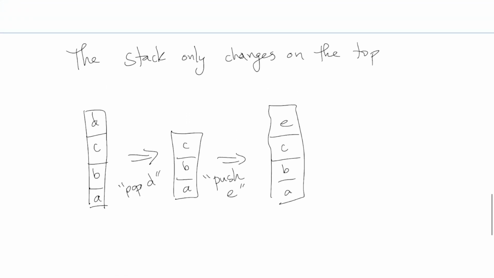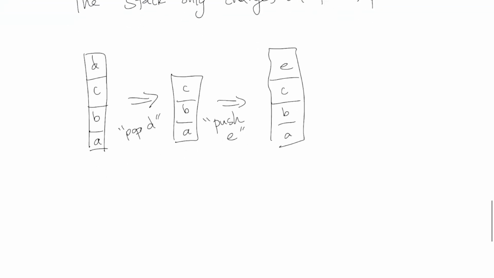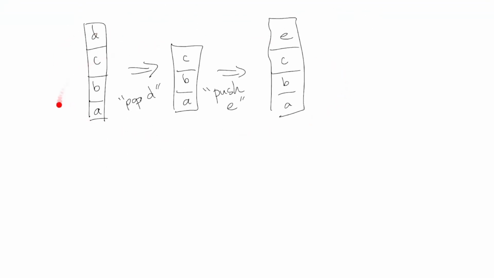Okay. Now, when we write with stacks in this class, I'm never going to draw them like this, just because it is a pain to draw those kind of towers. We're going to write it like this. I would write this as DCBA. If you pop the D, now it says CBA.